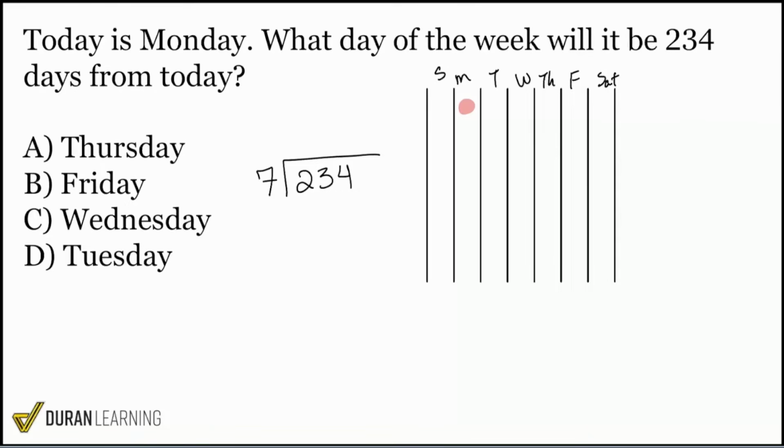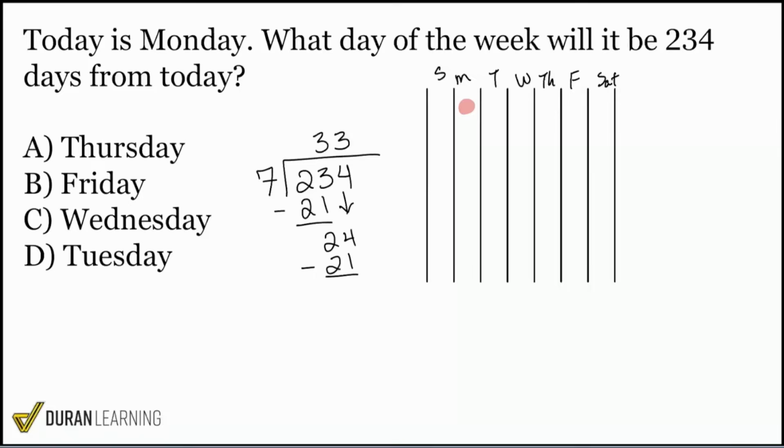Watch this. 7 goes into 2. Well, it doesn't. But 7 goes into 23, everybody. How many times? That's going to be 3 times. Okay, great. We do 3 times 7, which is 21. We subtract and we get 2 left over. Drop that 4 down. Everybody, how many times does 7 go into 24? Correct. That'll be 3 times again. So that's another 3, so that makes 33.